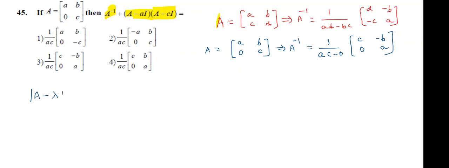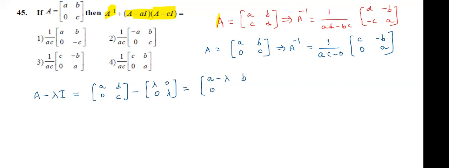Determinant of A minus lambda I equals 0. First of all, what is A minus lambda I? The matrix a, b, 0, c minus lambda I, meaning lambda, 0, 0, lambda. Now subtract these two, we get a minus lambda, b, 0, c minus lambda.